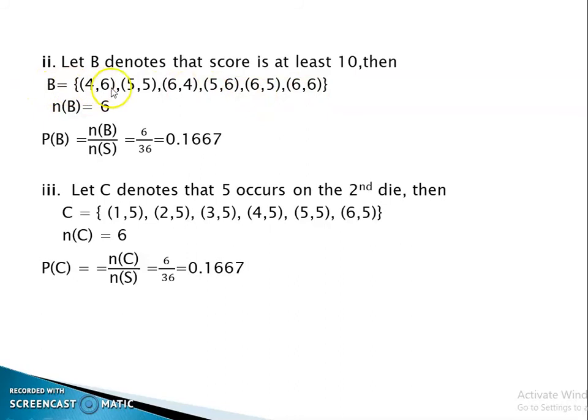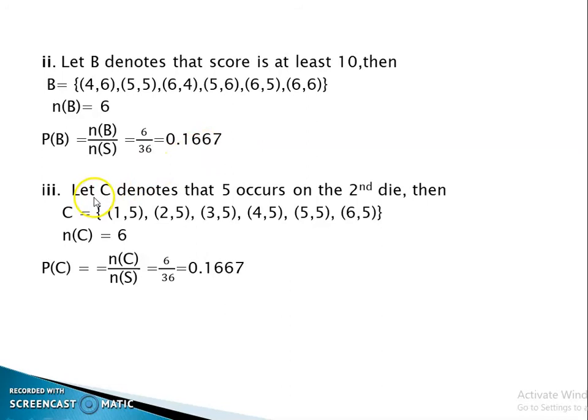So B set will consist of 6 possible outcomes. Favorable outcomes to the event B is 6. Probability of B is equal to favorable outcomes to the event B divided by total possible outcomes in the sample space, which is equal to 6 divided by 36 and is equal to 0.1667.